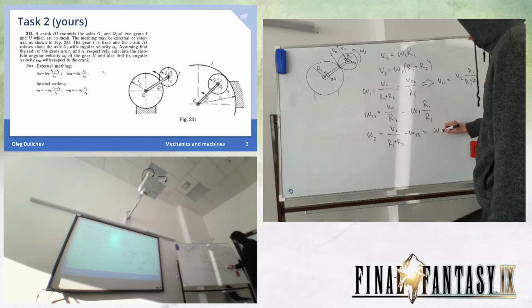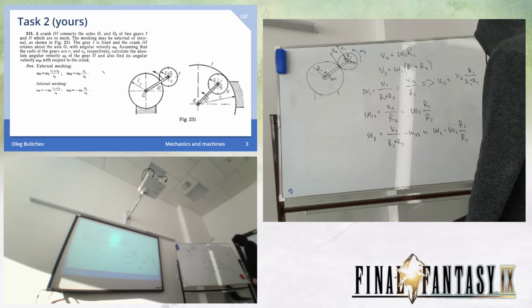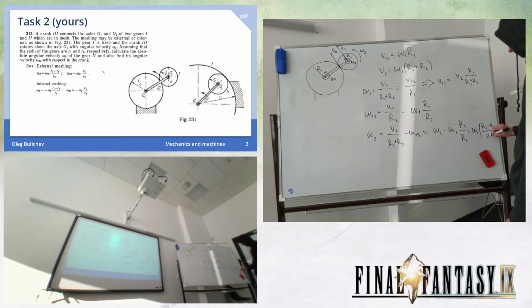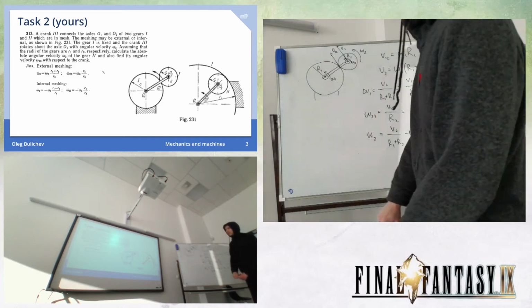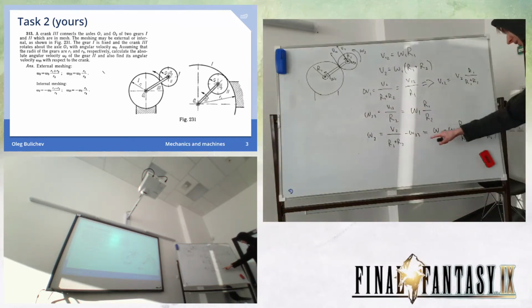So omega 1 minus omega 1 F2 equal omega 1. Actually, F2 is less than F1. It's plus here. So it's plus here.